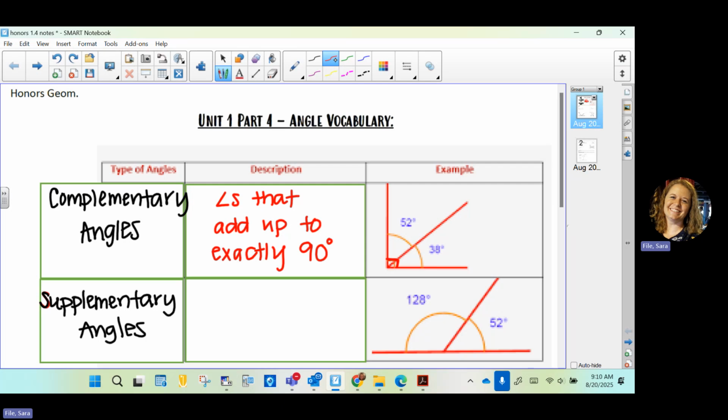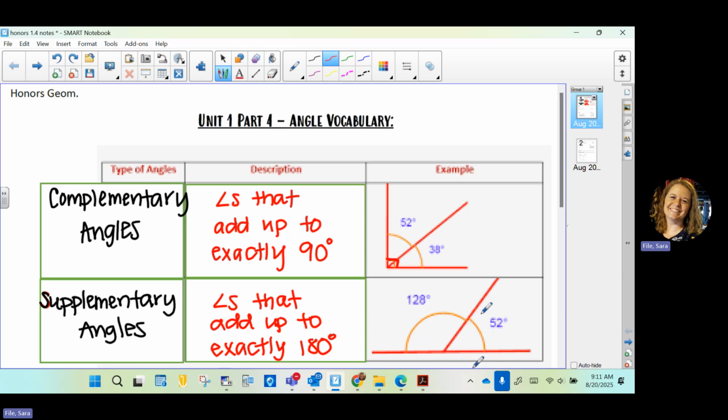Vivian, you want to tell us what that is? They equal 180. Good. So angles that add up to exactly 180 degrees. That example over there, it's 128 and 52.